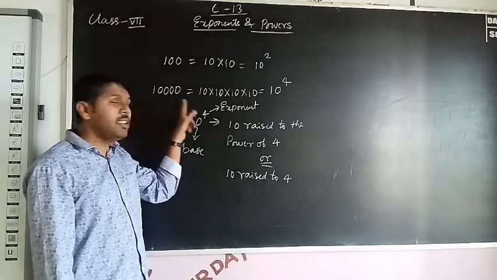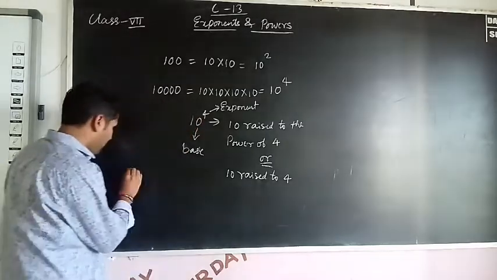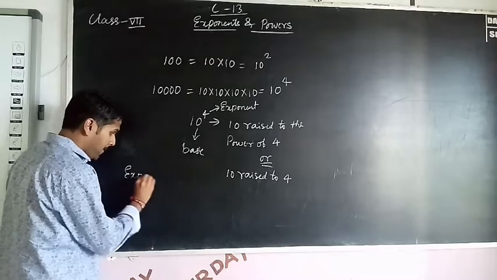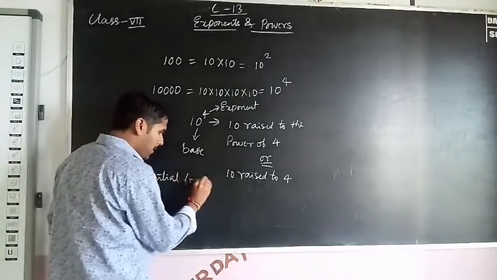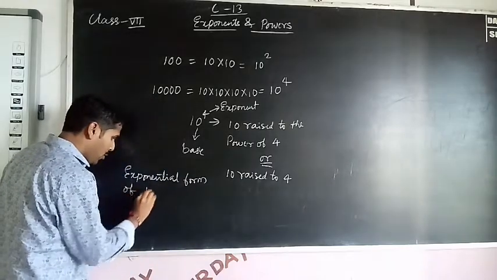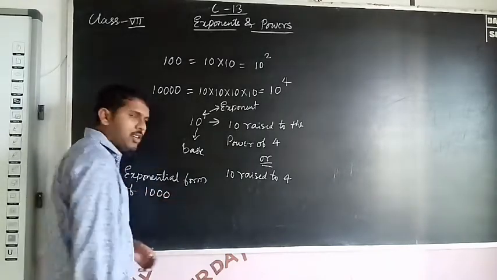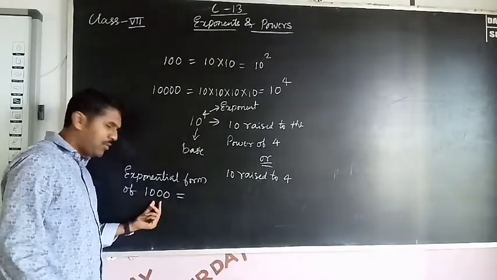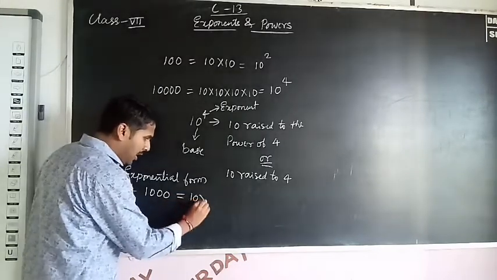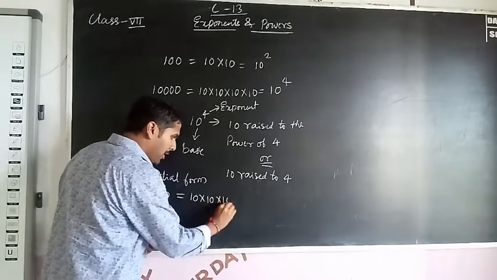Now the exponential form of 1000. How to write that? 10 into 10 into 10.